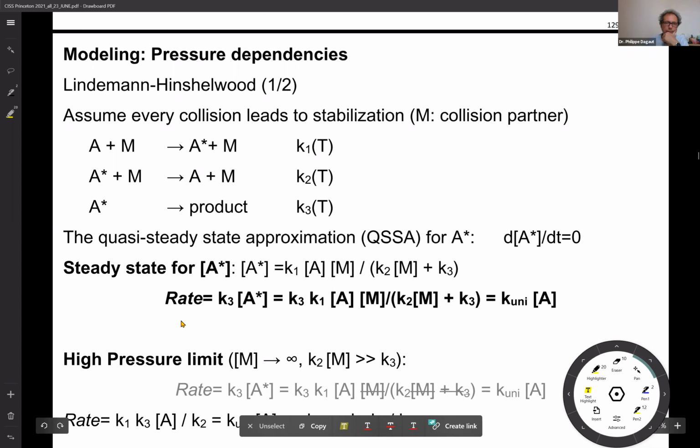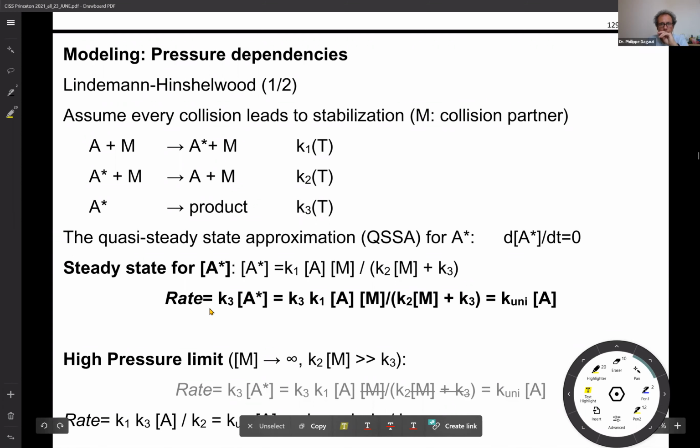And we can write this equation: the concentration of A star is equal to K1 times A times M, the two reactants, divided by K2 times M, plus K3.